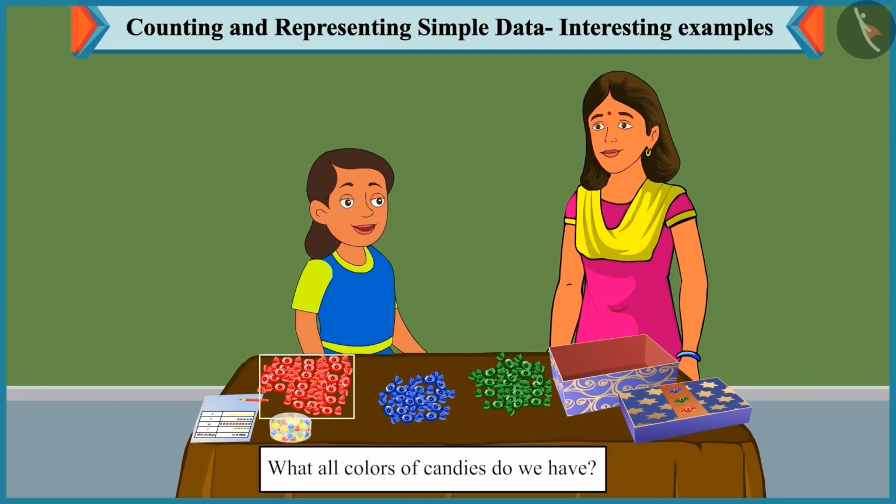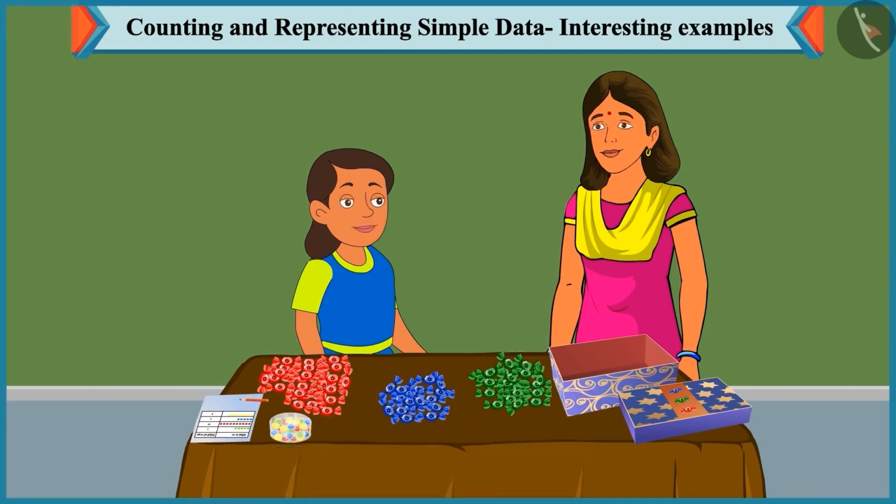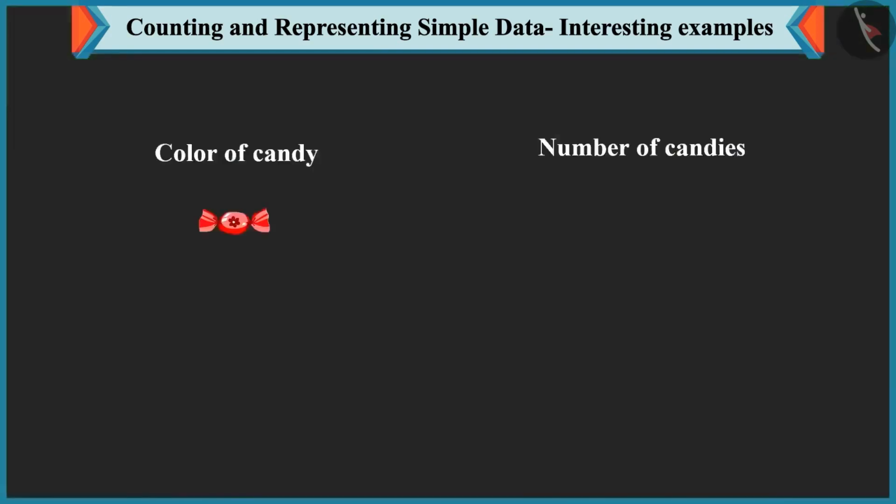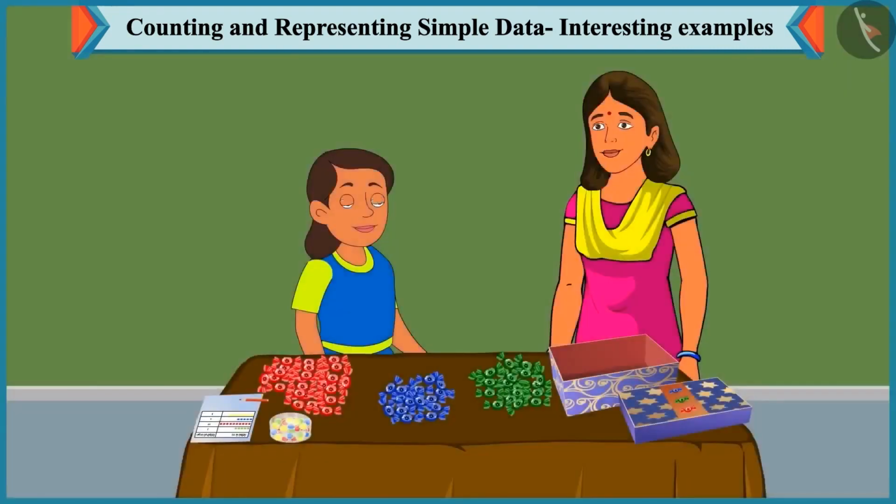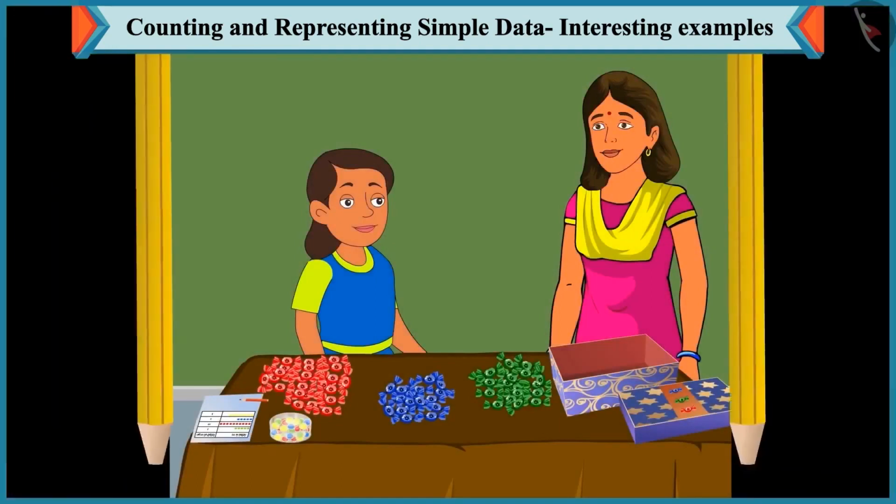We have red, blue and green colored candies. Come on, now tell me the number of candies of each color. There are 25 red color, 19 blue and 21 green color candies. Absolutely right. Very good.